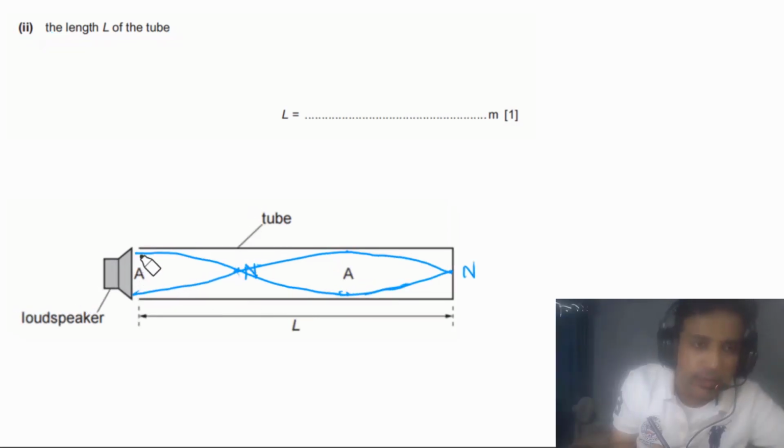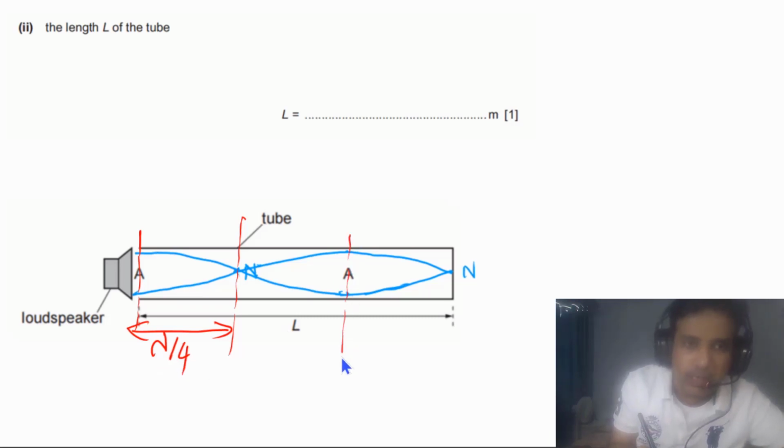In order to answer this question, we also need to understand that the distance between a consecutive node and antinode is equal to lambda by 4. Here we have an antinode and a node, so the distance is lambda by 4. Here we have a node and an antinode, so this distance is also lambda by 4.